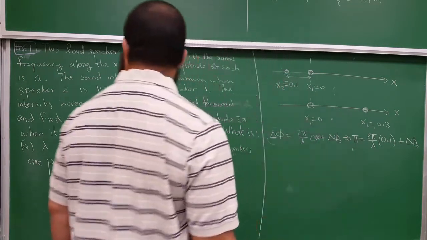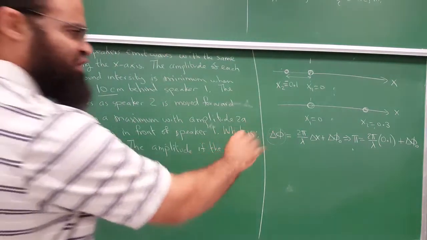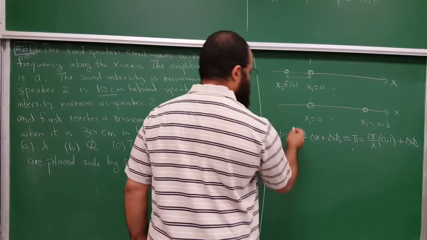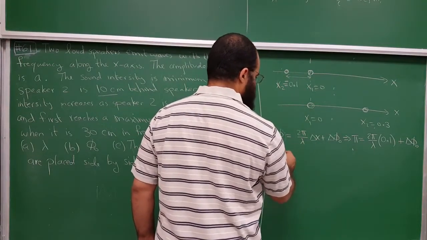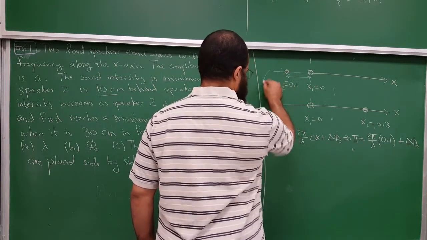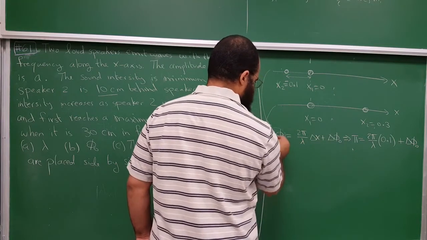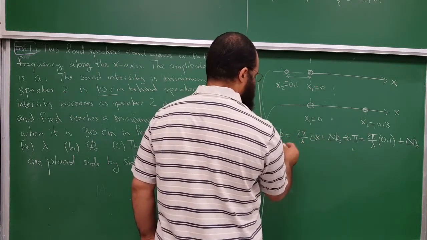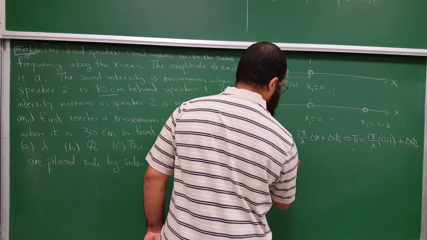Actually, I don't have the wavelength, right? So let's just keep it like that for now. Let's write it for the second case. For the second case, it's constructive interference. For this one, I'm going to write the same thing, but instead of delta phi being pi, it would be equal to 2 pi because it's constructive here.